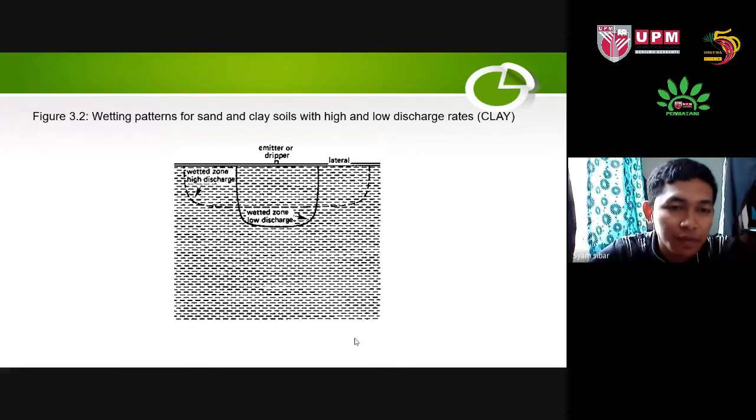When we use a low discharge of water from the emitter or dripper, the wetting zone is slightly narrower than with the high discharge. This is because clay soils have a high water holding capacity, so when we irrigate our crops, the water will not easily run off or leach into the deep part of the soil.